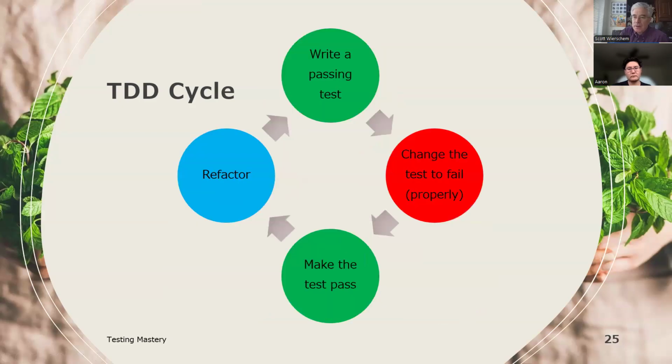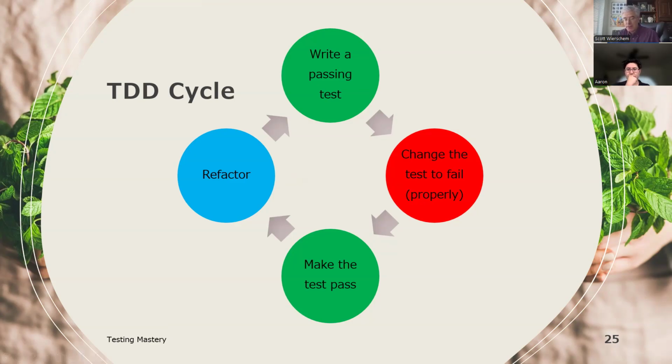When you're cleaning up code, what you start with is a passing test. You write a unit test that exercises the code. If it's a bug, you force it to exercise that bug to show that the bug is there. Or if it's a missing feature, you write a unit test to show that the feature is in fact missing. You get that test to pass, and then you change the test so that it fails properly.